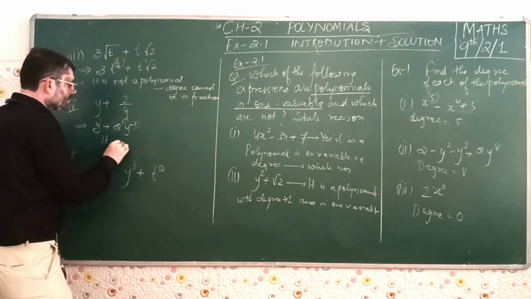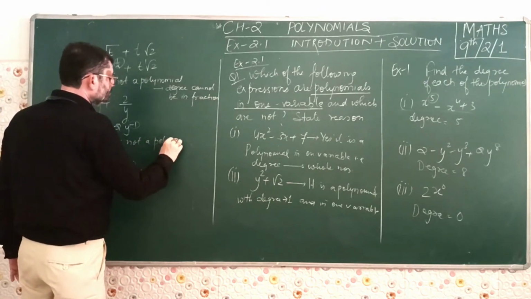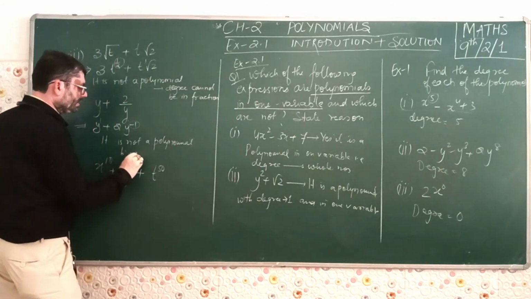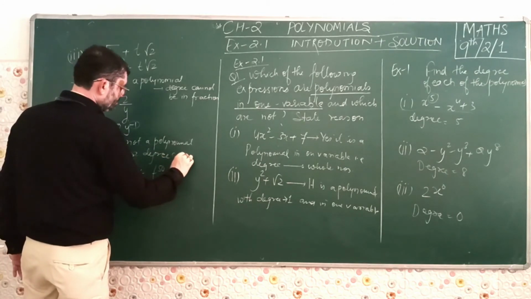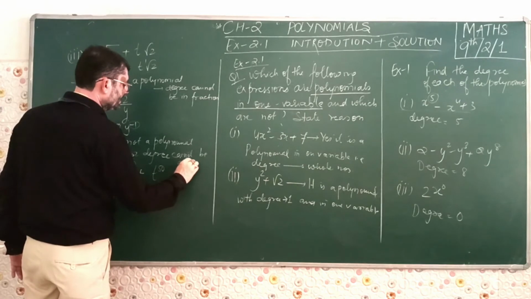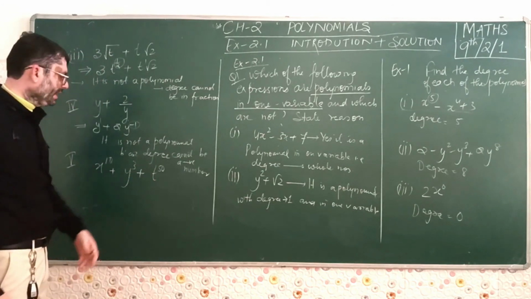So it is not a polynomial because degree cannot be negative. Degree cannot be a negative number.